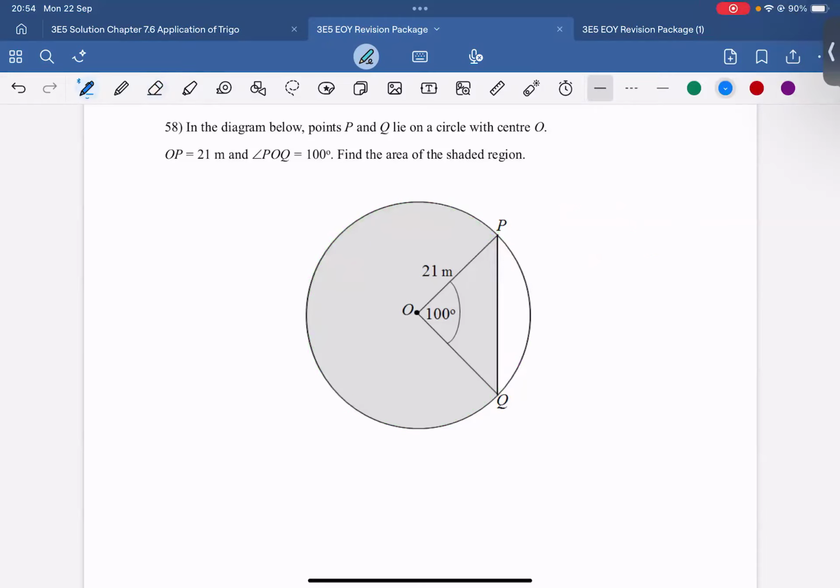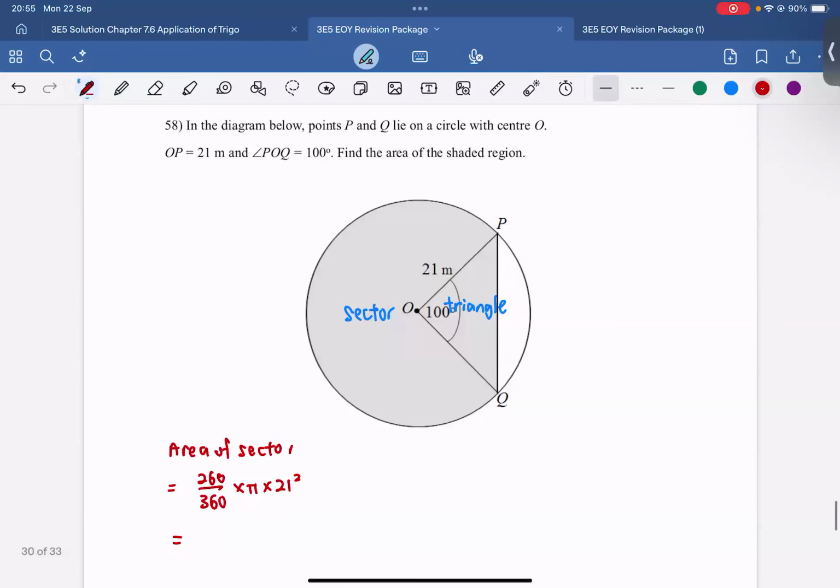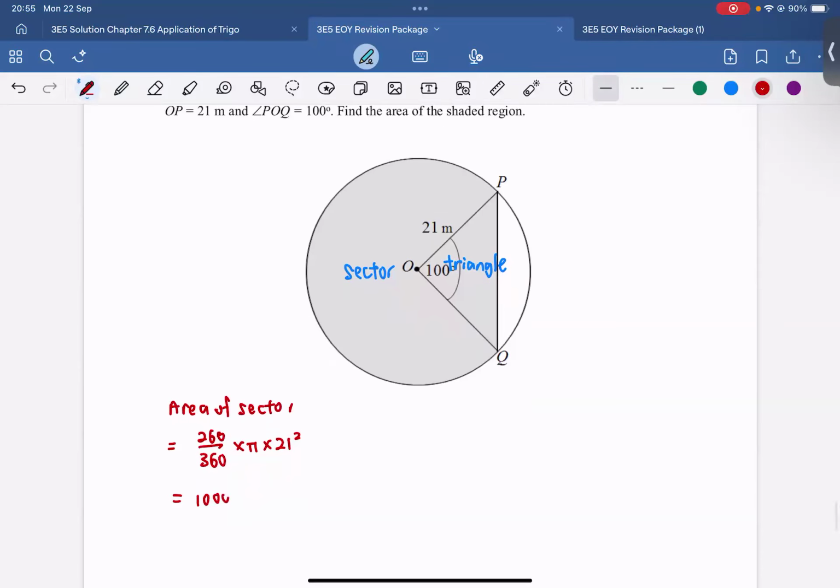Okay, so how to find the area of the shaded region? We must know that the shaded region is made up of a sector plus a triangle. So we find them separately because there's no formula for segment. So the area of sector, we first have to find the angle. What's the angle? 260, right? Times pi times 21 squared. That will give me 1000.597. Do I need to round this? Don't need.